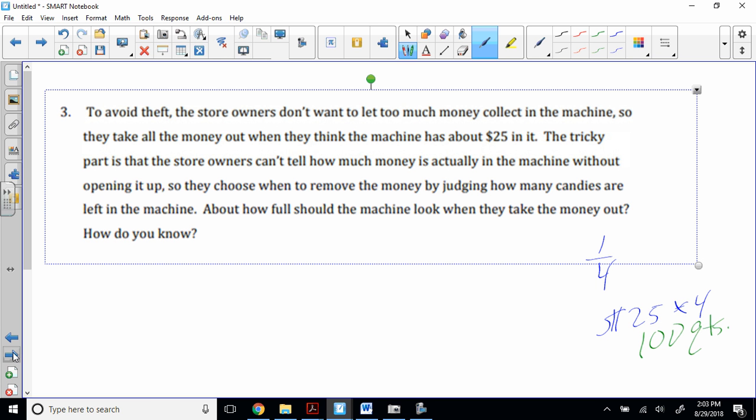If I want a piece of candy, how do I get a piece of candy? Oh, I put a quarter in. So I put a quarter in, I get some candy out, right? That's why I need to know $25 back to how many quarters. That's 100 quarters, right? So 100 quarters. How'd you get that? Oh, wait.